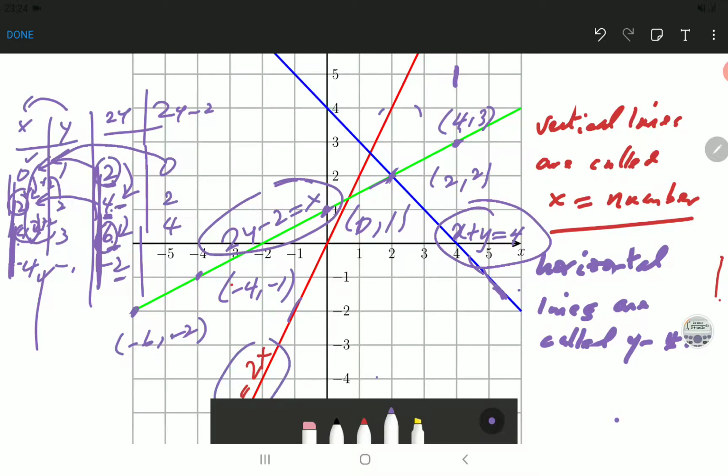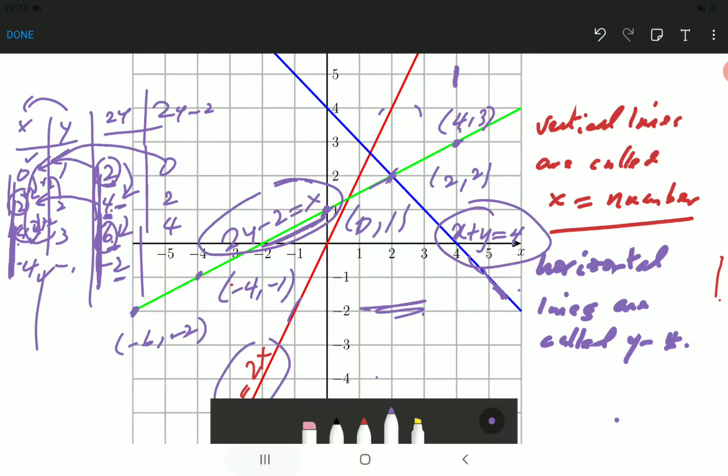Okay, so with that in mind, we are going to show you a systematic way of finding these equations, which eliminates the trial and error that we did in this little experiment here.